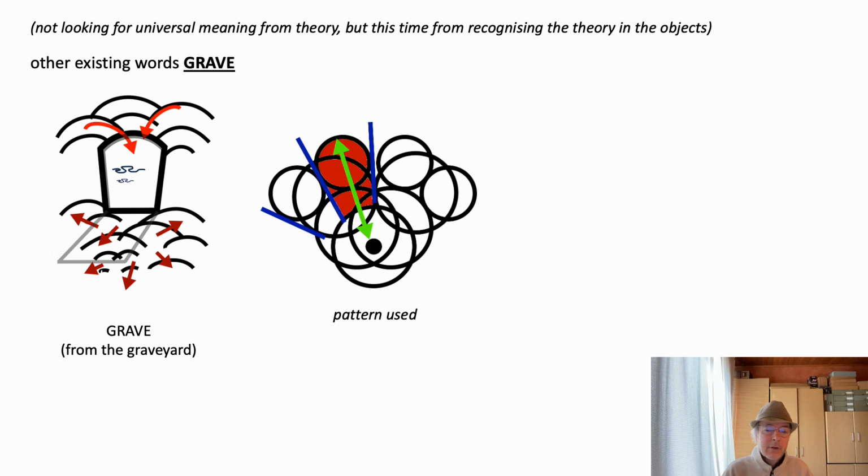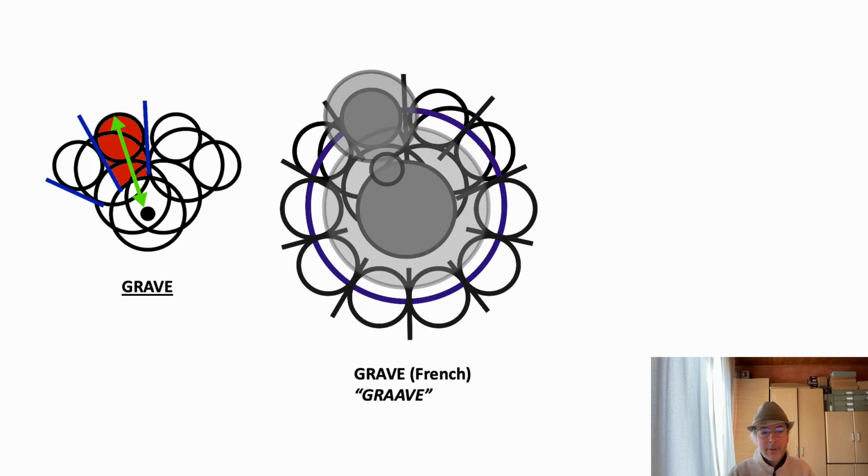I should of course not stay with one word, but I also have to include some other meanings of the same word. So the other existing words of grave, because there exist other ones as well. We had already one, the grave from the graveyard, and we used the pattern for it. We also have the French word grave. So it's written exactly the same, but it's pronounced differently.